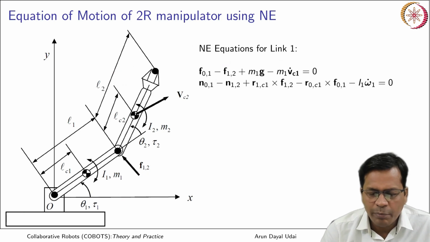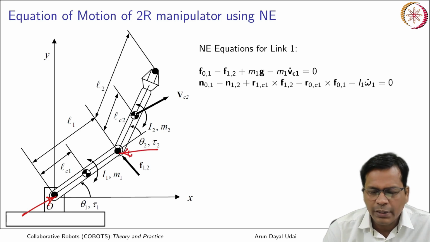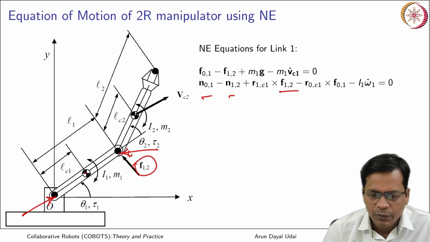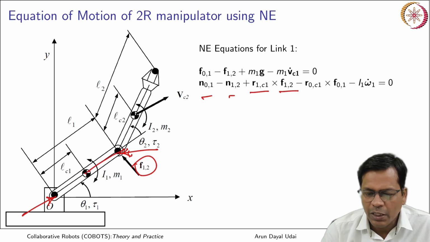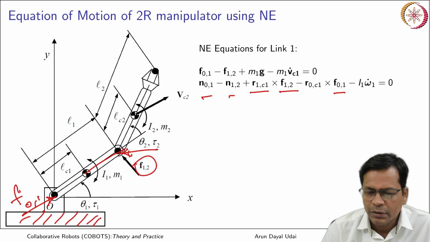Similarly, the moment balance equation can be written with N01 that comes from outside, N12 from between the links, and the forces which were there will create moment at the center of mass locations. So, F12 cross R1C1, that is this, and similarly F01, which is here from outside, that is from the ground fixed frame to the link 1, F01 cross R0C1.